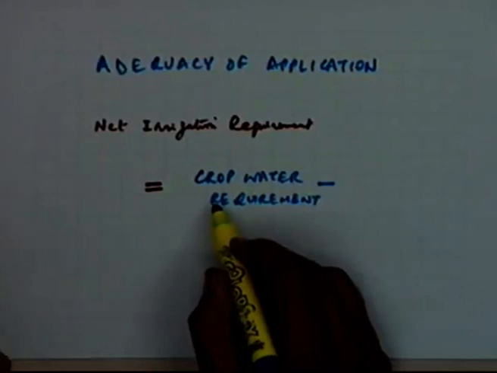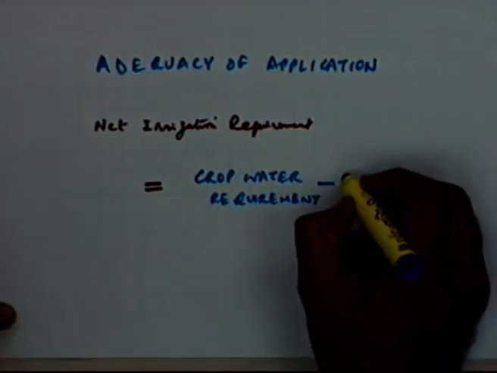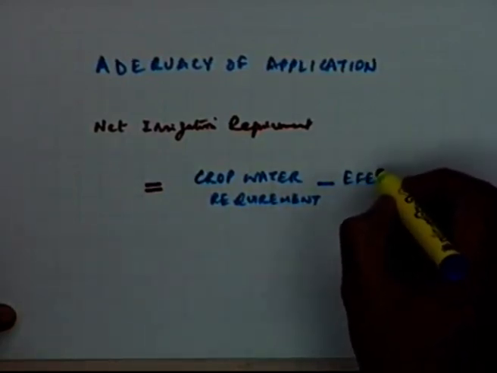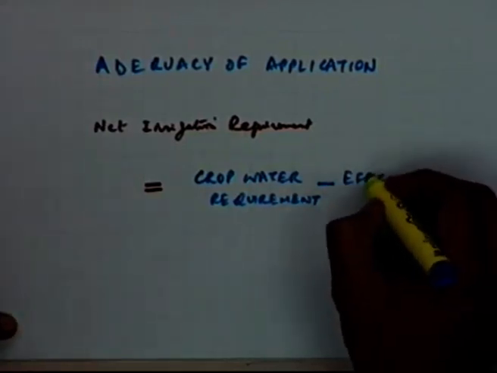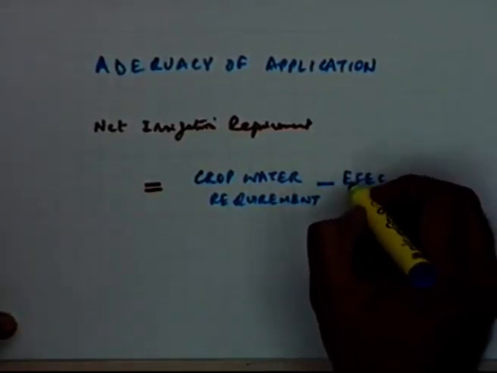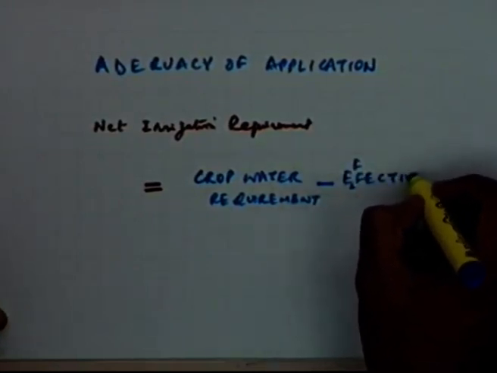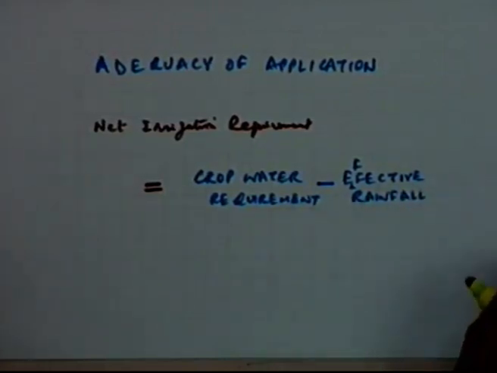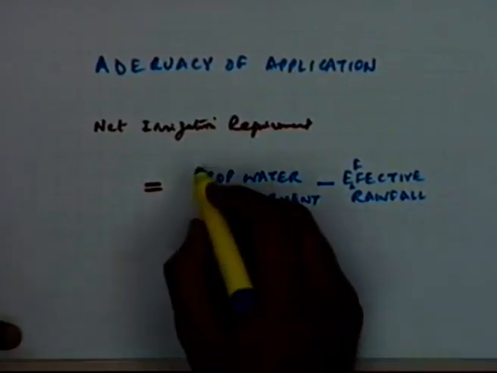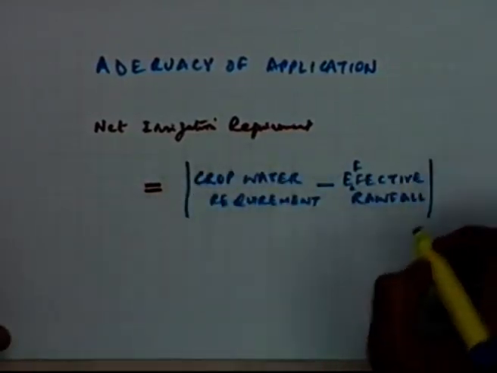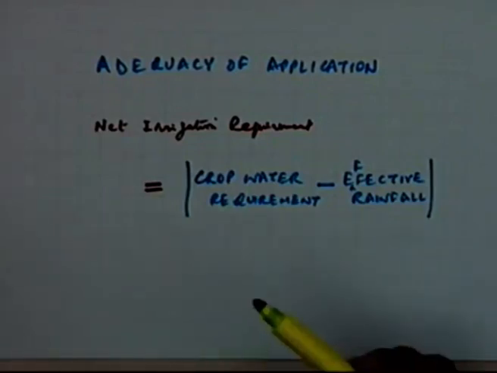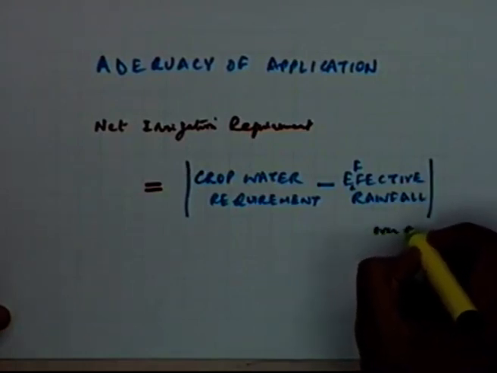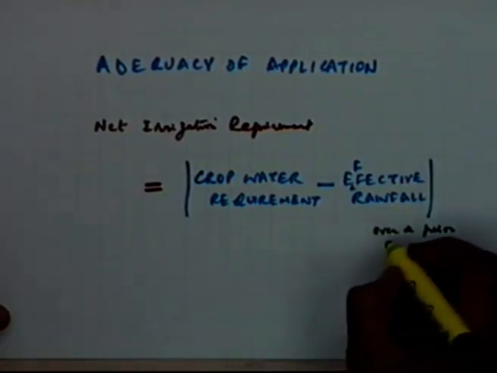So if you want to take account of the effective rainfall, or rather effective precipitation, you can say, this over a period, and what is that period?